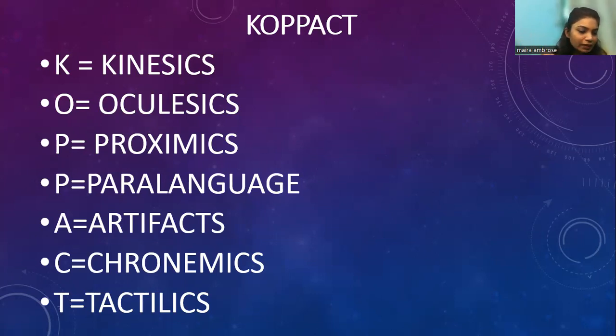So artifacts, all the things, whether it's jewelry, whether it's the clothing, we need to keep our hands free when we are explaining, and try to remove all the distractions. Even for small children, it is said that they should not be bought very fancy pencil boxes or fancy stationery, because they keep on playing with their stationery. Whether it is the pencil box, or a pen, marker or eraser, they are always distracted with these kinds of things.